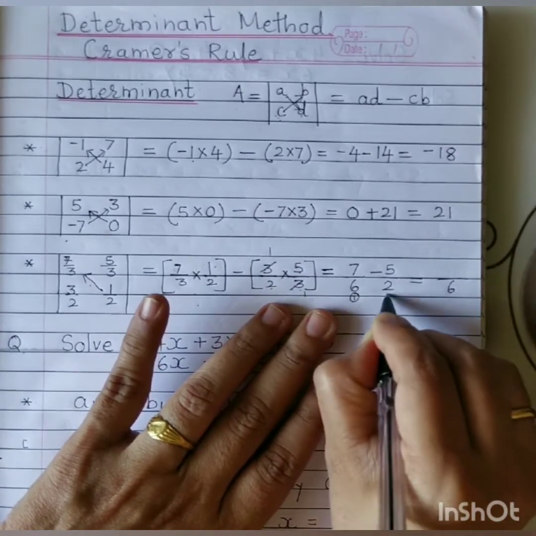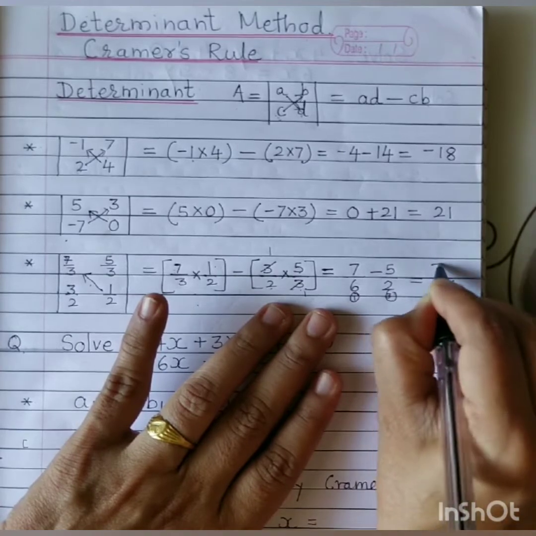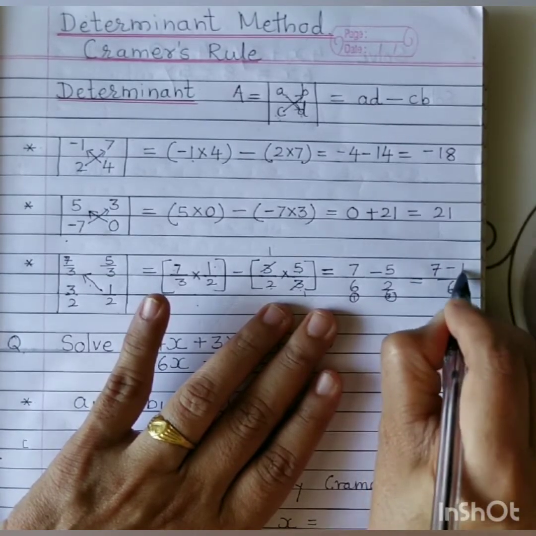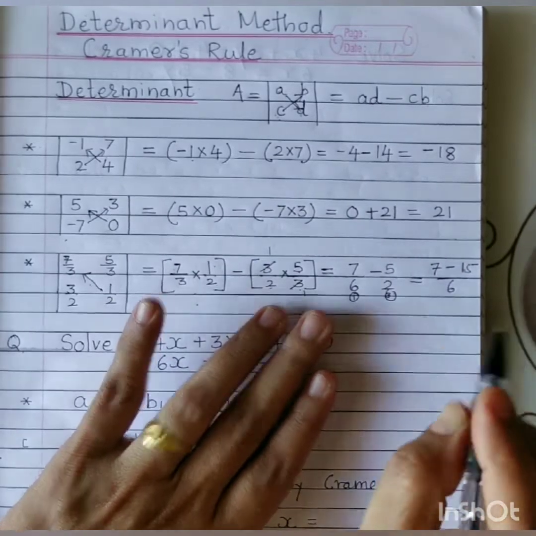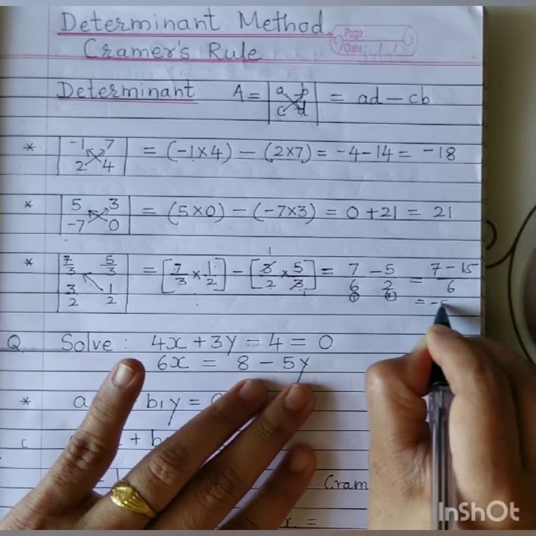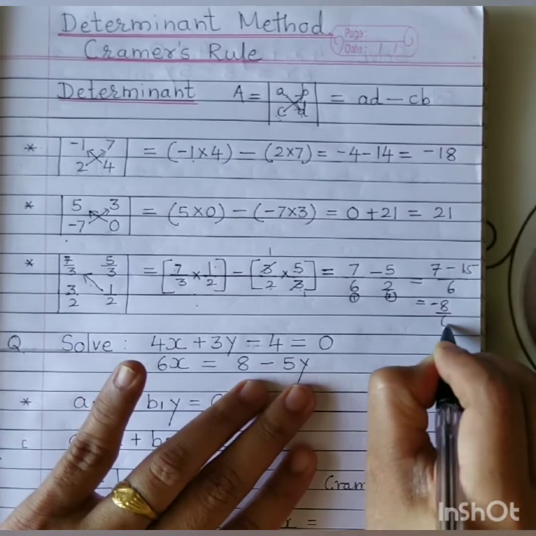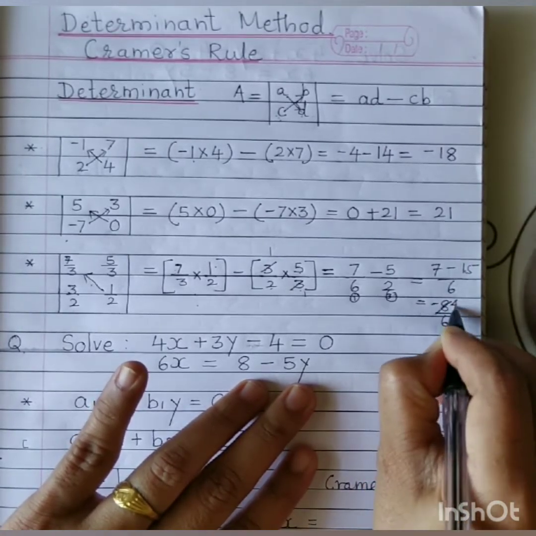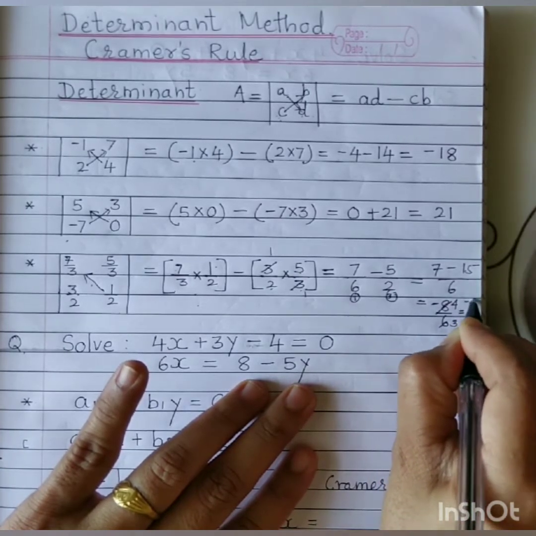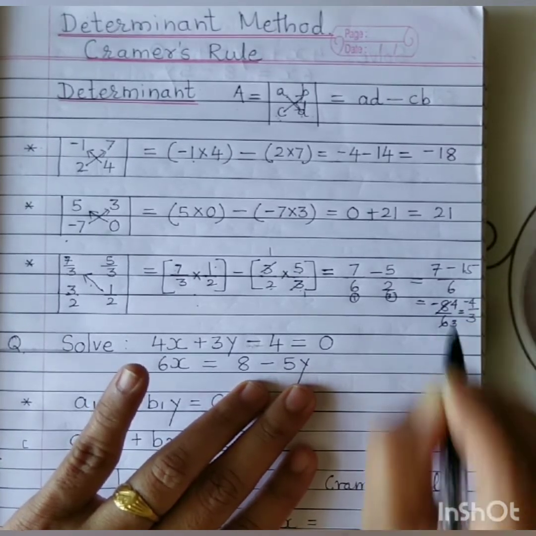So by 1, by 3, this comes as 7 minus 5 3s are 15. So the answer is -8 upon 6, which can be simplified. 4s are, 3s are. The answer is -4 upon 3.